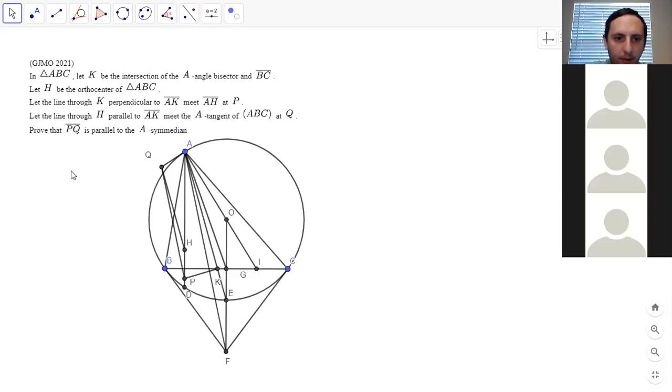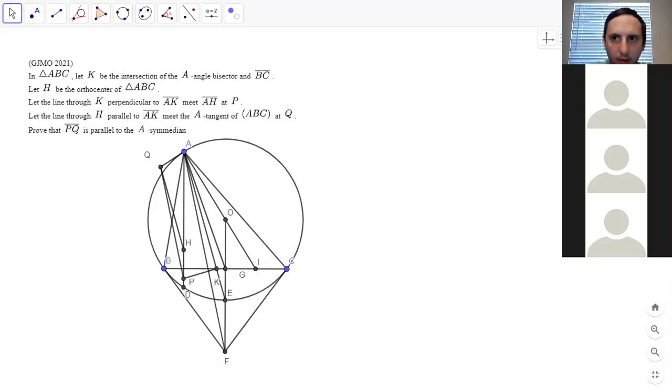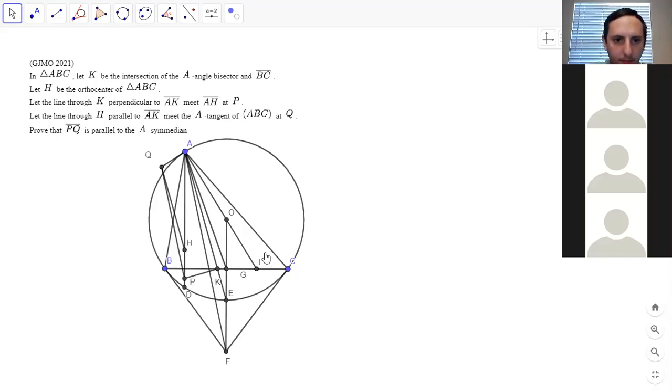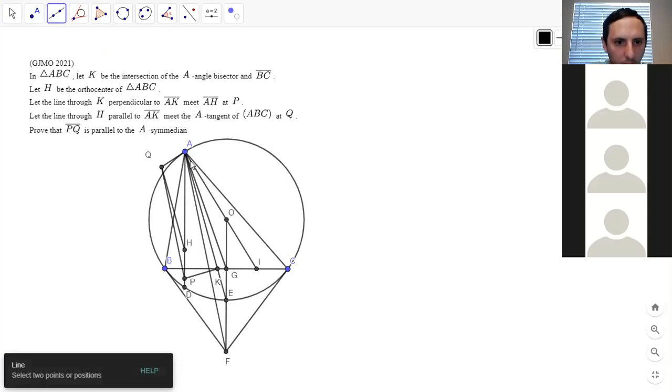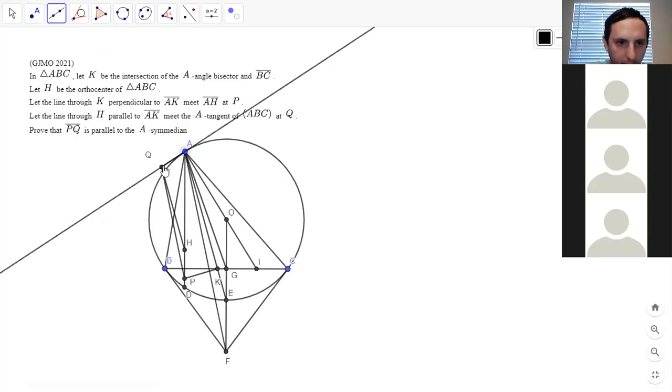Yeah, I was wondering if we could do something with homotheties. So we want to show triangle QHP is similar to AGE. So let's check it. Does that mean that these three lines concur?